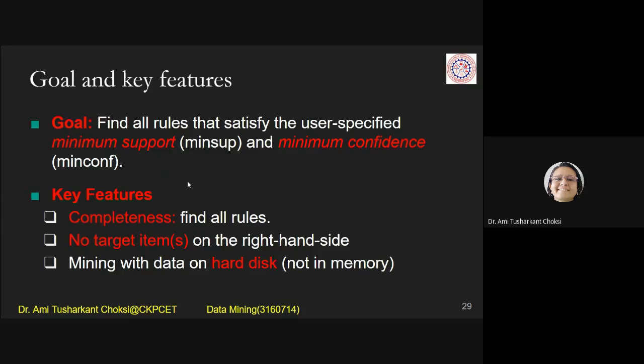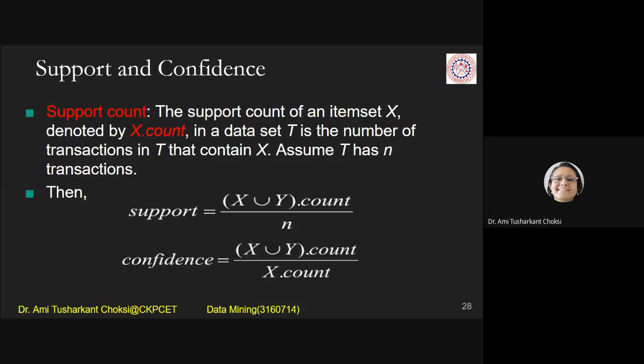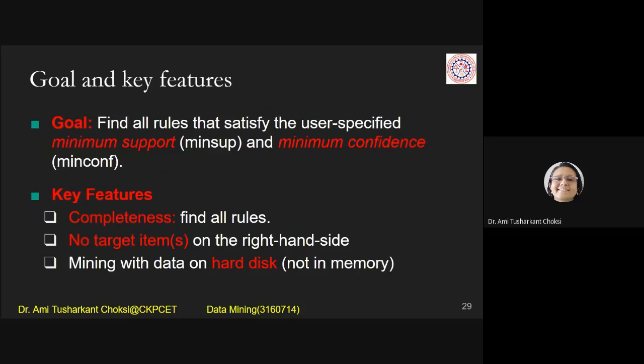We have the formulas by which we can find support and confidence. So what are this minimum support and minimum confidence? They are specified in the problem statement.